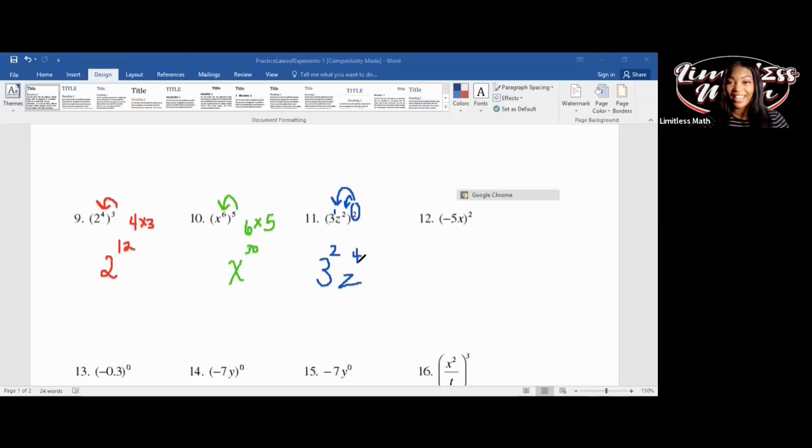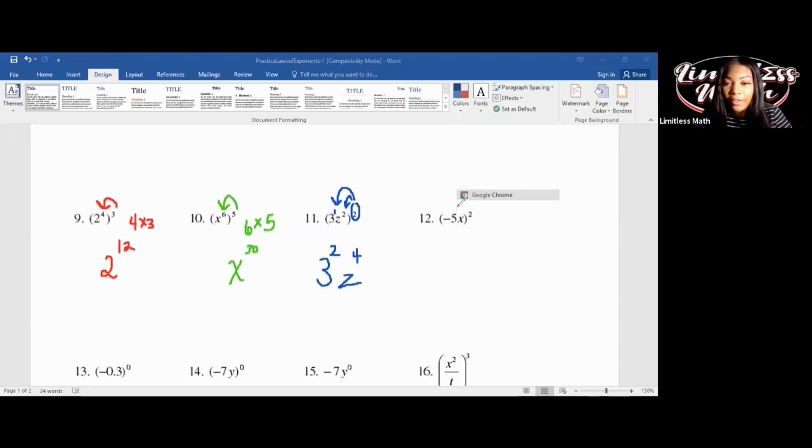Okay. Number 12, same thing. Does everything that is being raised to the power have an exponent on the inside? It doesn't. We don't see it there. So we want to write it in so we don't make a mistake here. Right? Because it might be easy to make a mistake and say, oh, it's just a 2. No, that 2 has to go on every item inside the parentheses. Just like the distributive property, it has to be multiplied by every single thing in the parentheses.